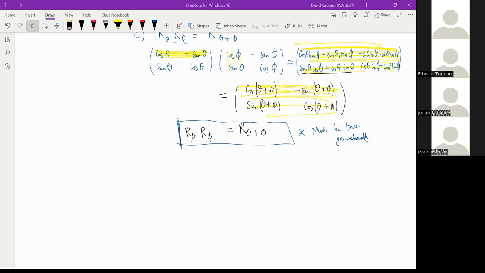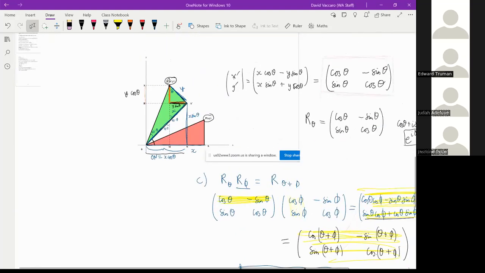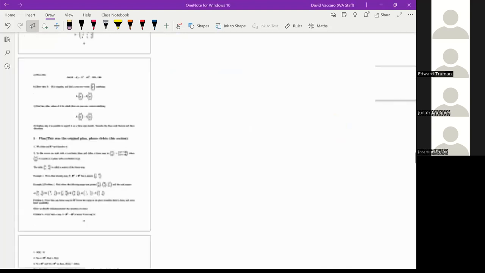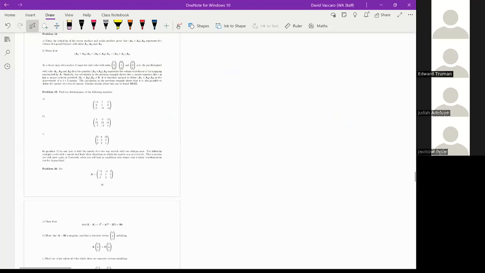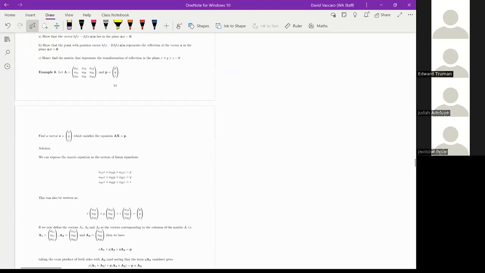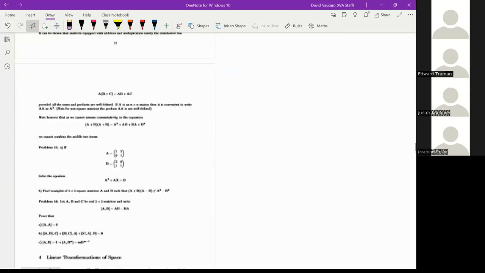So I don't think this is actually on the sheet, or maybe it is. Let me check. I think I might have cut it off.